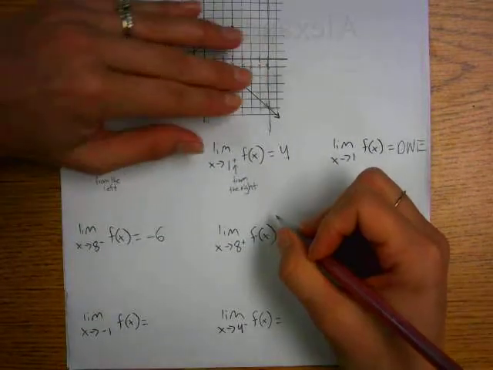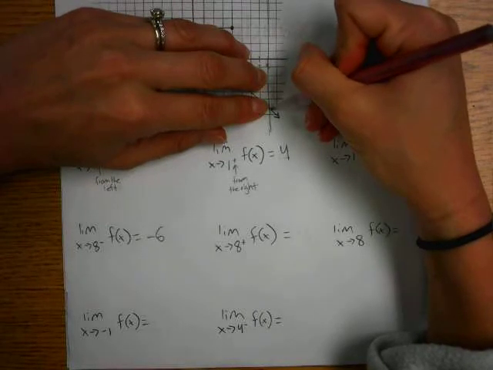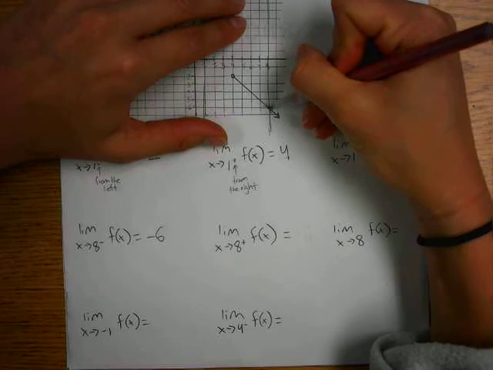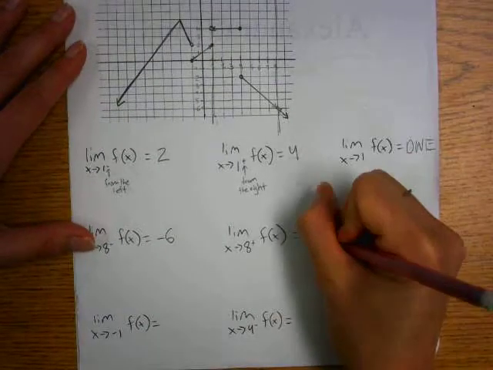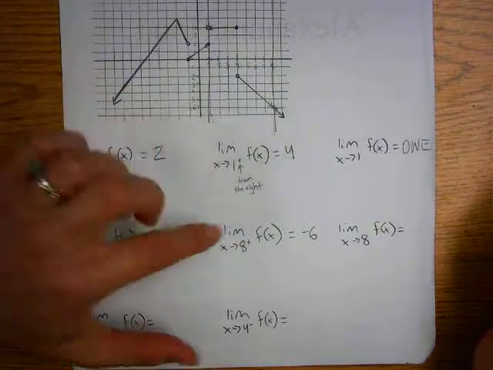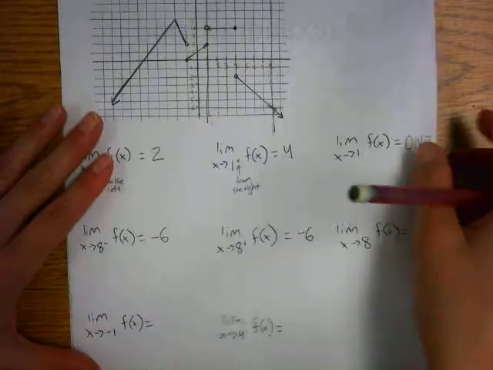From the right, we'd cover up this side. We're looking for numbers slightly bigger than 8, 8.1 or so would be right here. These values are also approaching this point right here at -6. So this time our left and our right match, which means our limit overall would also be -6.